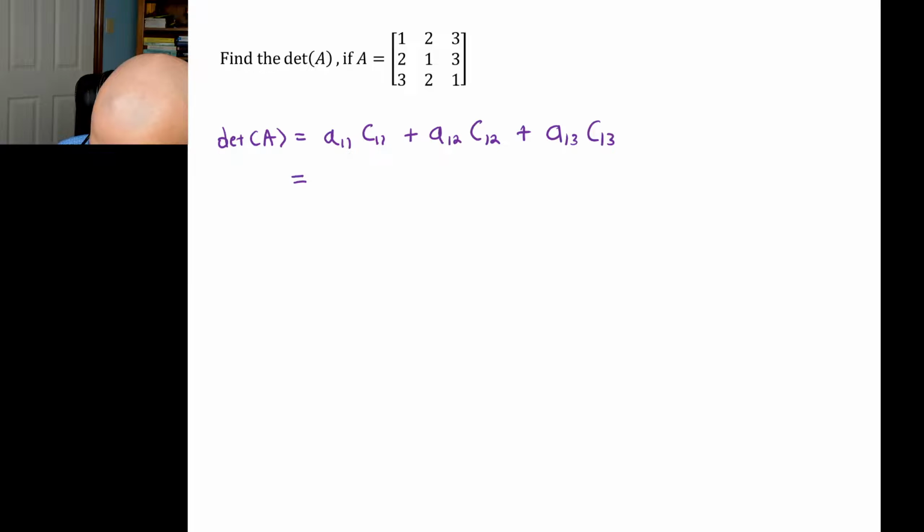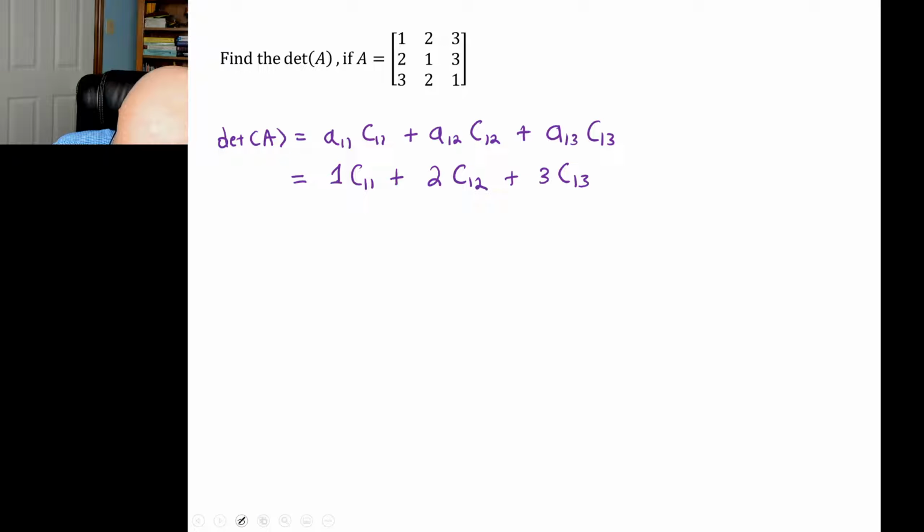So I'm going to put in the corresponding numbers. A11 is 1 times C11 plus A12 is 2 times C12. And we have plus A13 is 3 times C13.